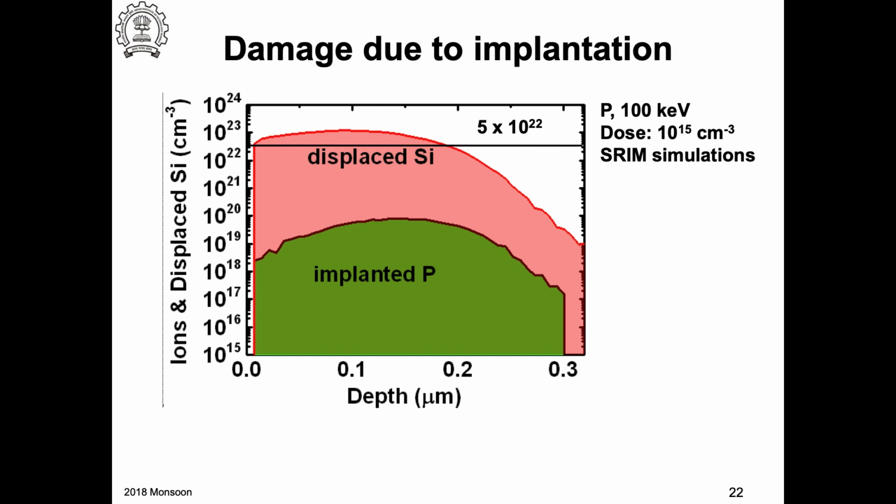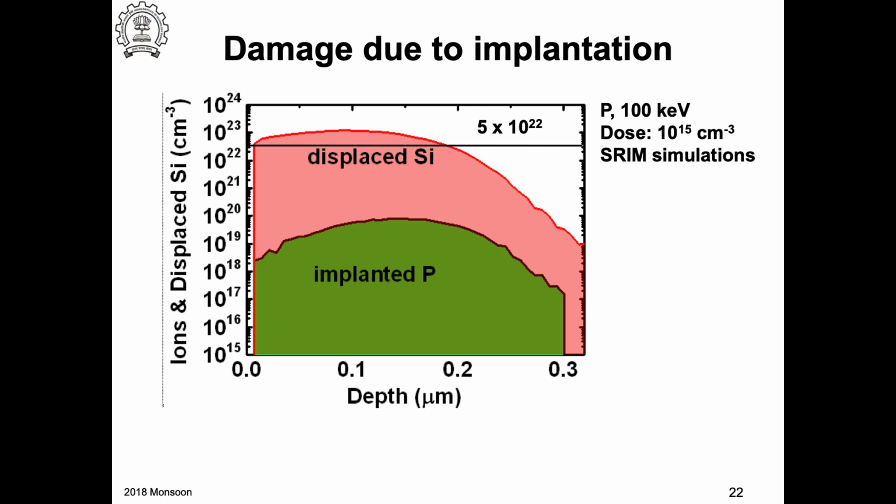Is there anything interesting about this? If I take 10^20, 10^23, it is almost 1,000 times. So each of these ions causes multiple displacements. That's what it is. Anything else?